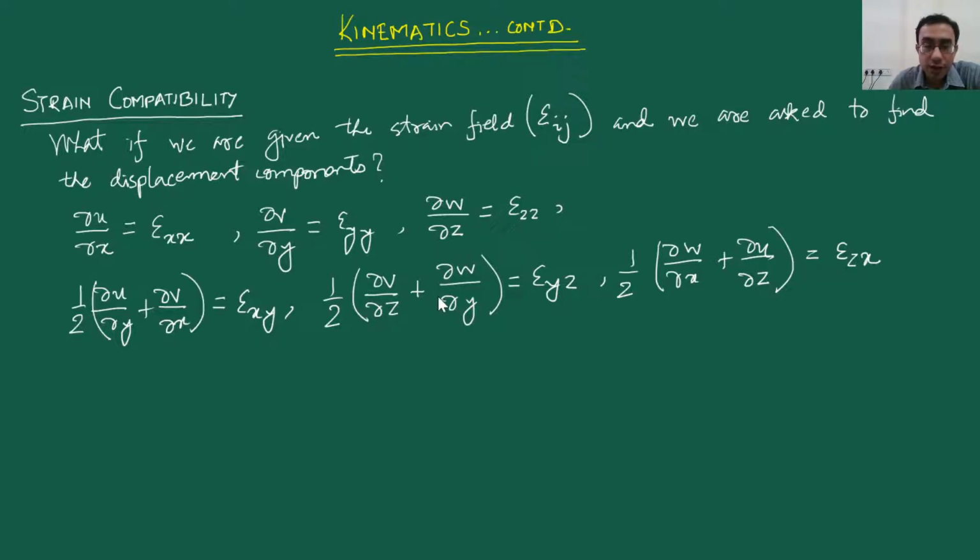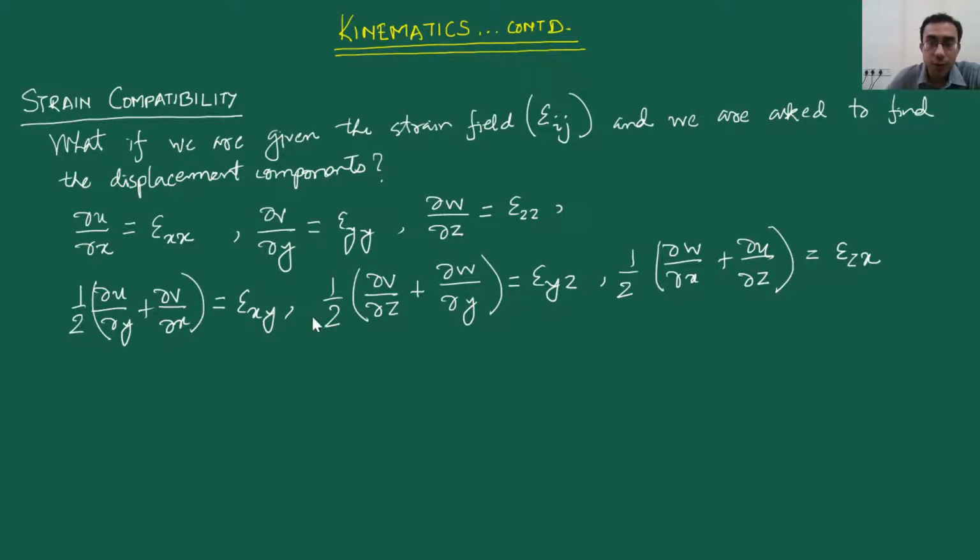So we have 6 partial differential equations in hand, and the things that you need to solve for are what? u, v and w. So you have 6 equations in hand, but you only need to solve for 3 variables. So it is like an overposed problem, and that is where the problem is.